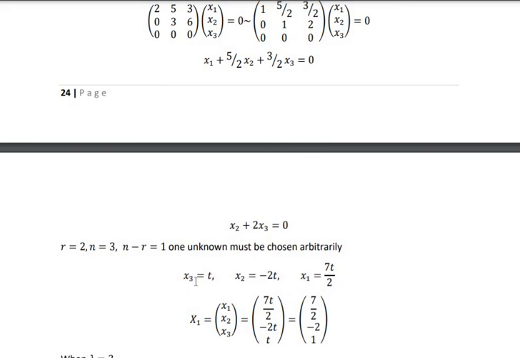When you substitute x3 and x2 in the first equation, you will get x1 equal to 7t divided by 2. Therefore the eigenvector x is (7t/2, -2t, t). So the eigenvector is (7/2, -2, 1).